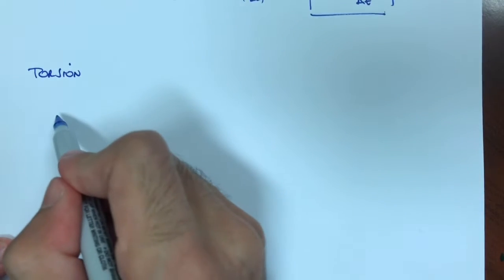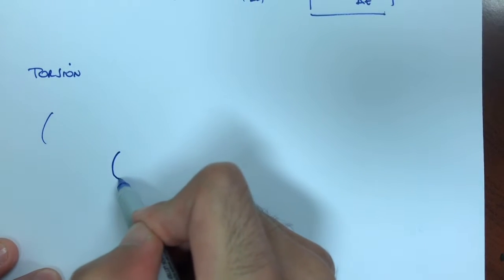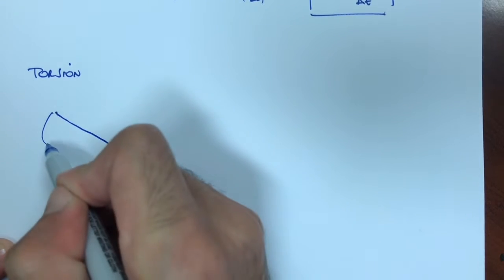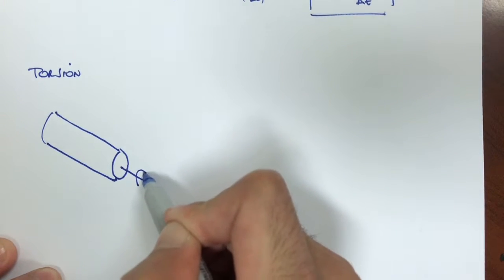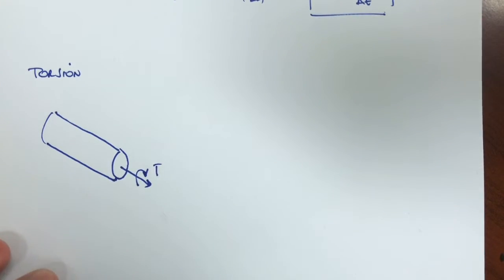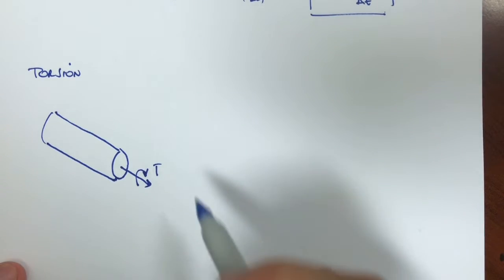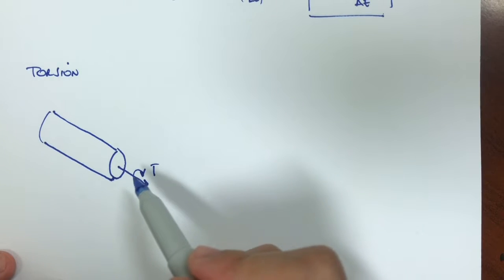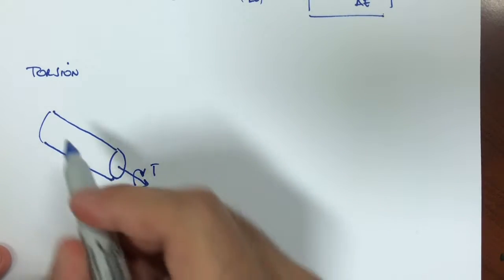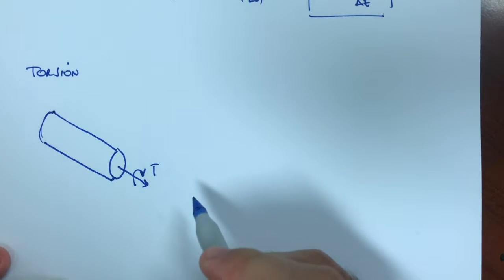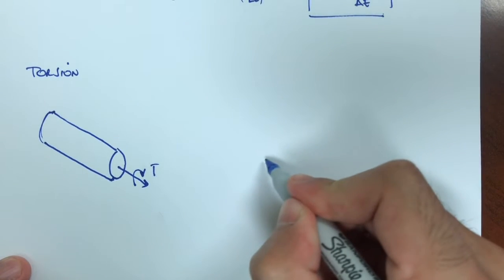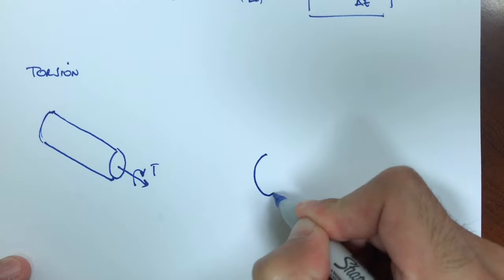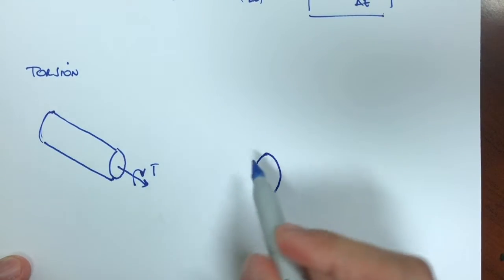So if I have a shaft, a rod, whatever, that is subjected to a torque, which is nothing more than a moment in the axial direction around the axis of the rod or the structure, we define two things. So due to that torsion, there's going to be an angle of twist.